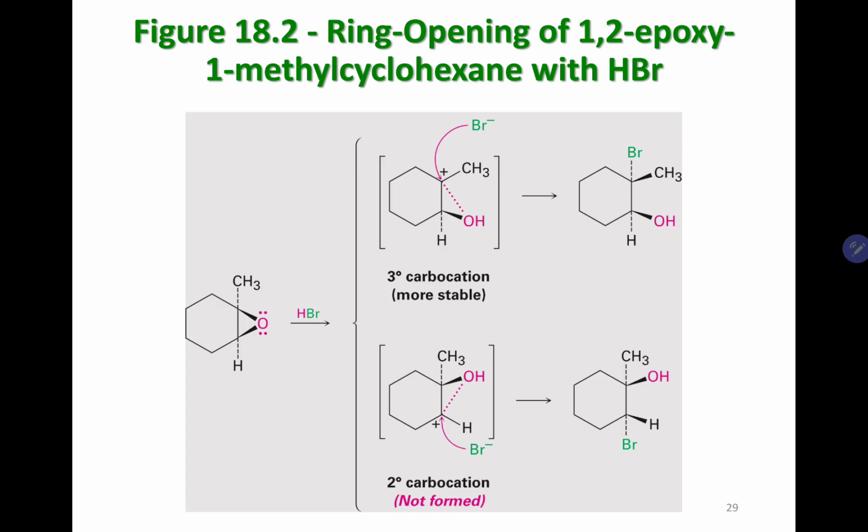If you have a tertiary carbon, which is this one right here, on the epoxide ring, the epoxide ring tends to break in order to achieve a more stable tertiary carbocation. So the nucleophile will be present on the tertiary carbon. That is something that you might want to remember.